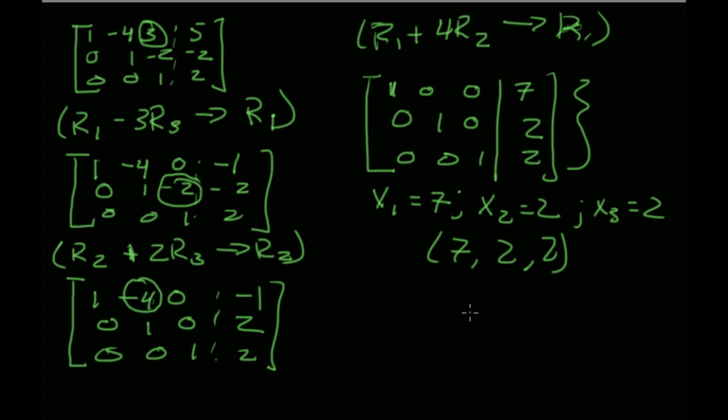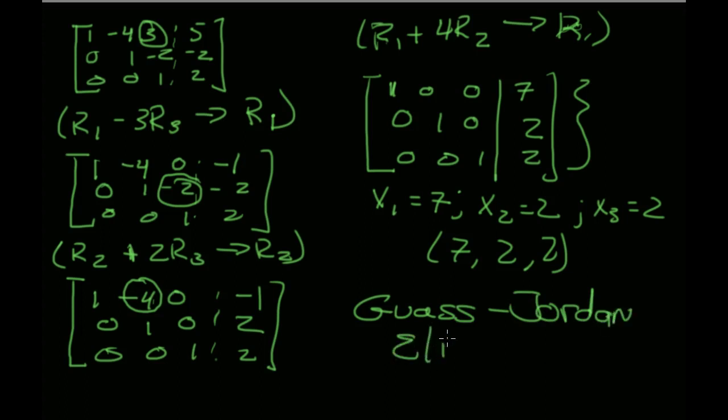So what we just did here is something called Gauss-Jordan elimination. Okay. This is one of the very few critical algorithms that is used.